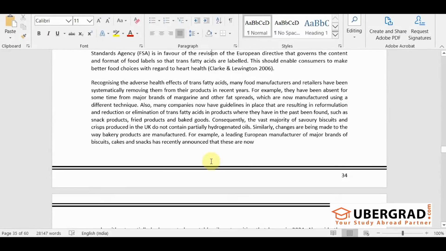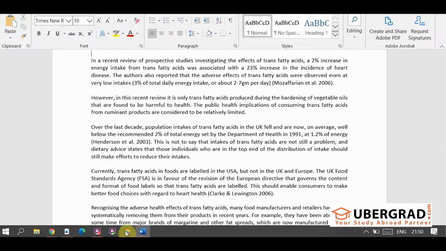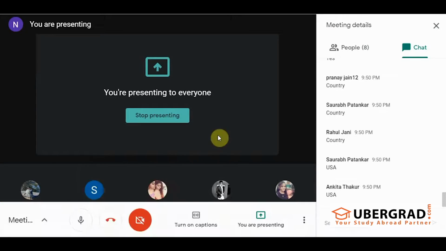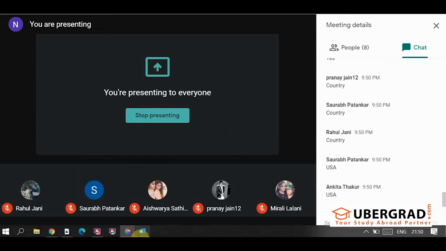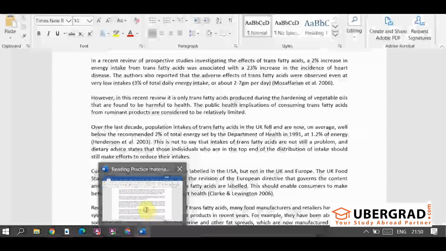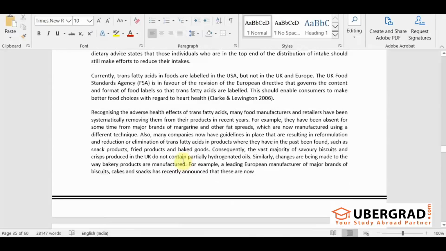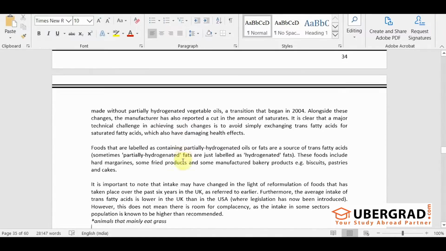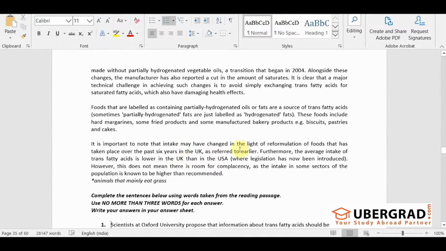So, except UK, what is the other country that you find in the passage? Good. The other country is USA, right? Except UK, the only other country it's talking about is USA, and here in the last paragraph, it's talking about USA.